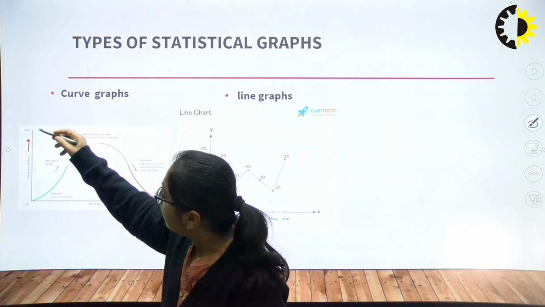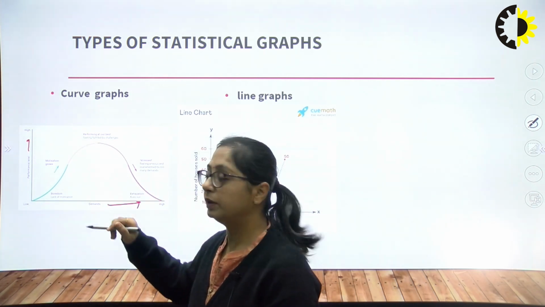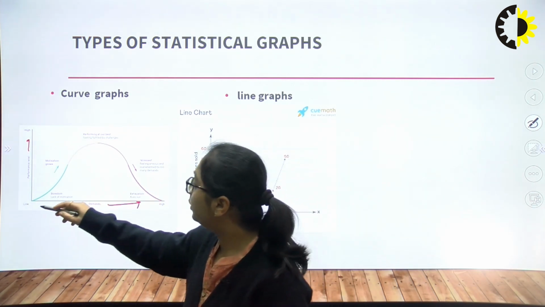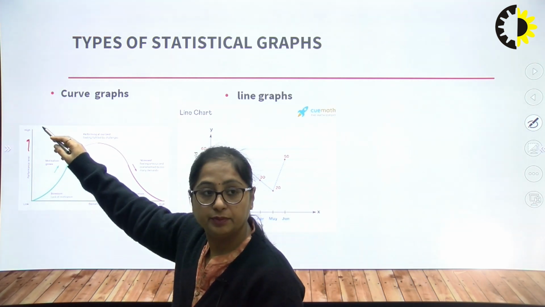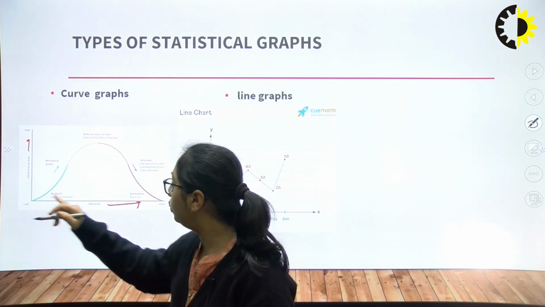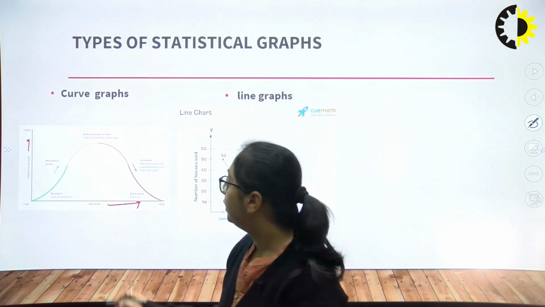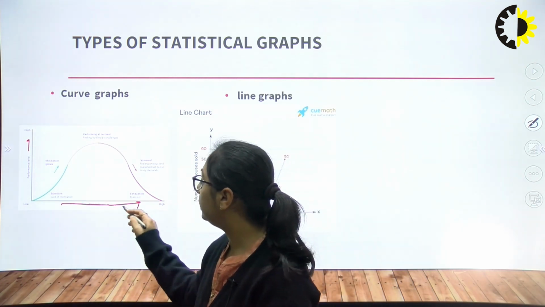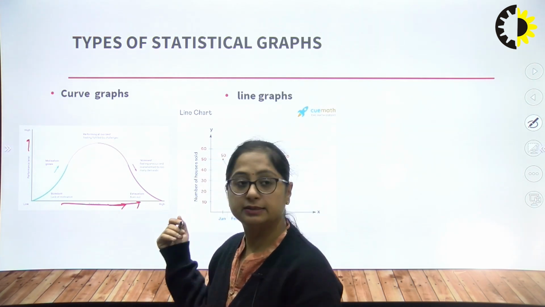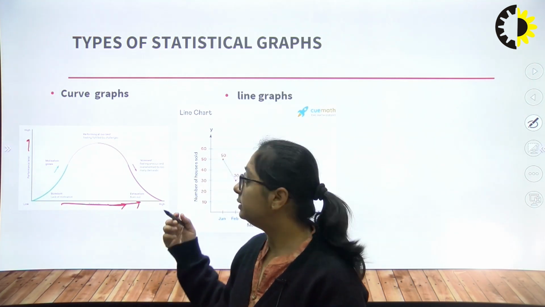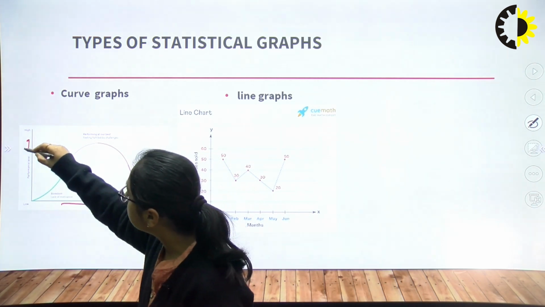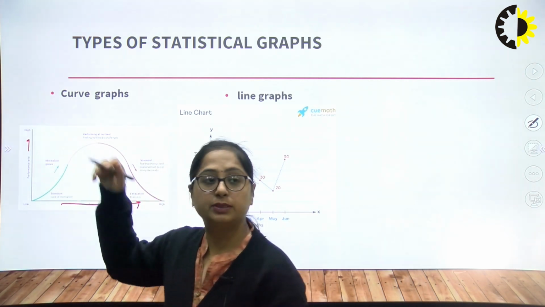This represents high demand, this represents low demand, low performance, and this represents high performance. That means along the x axis the demand will increase, and along the y axis the performance will increase.